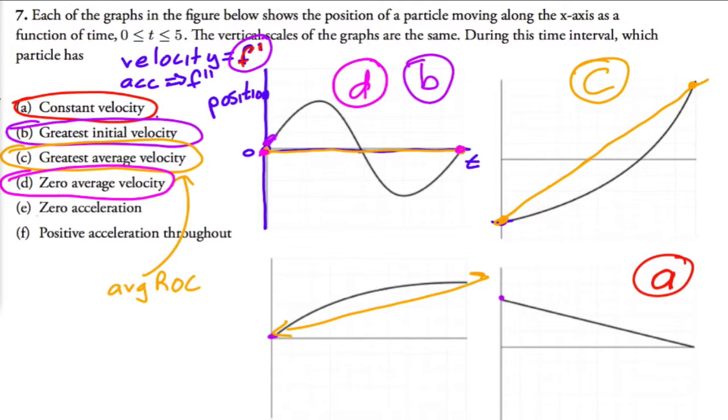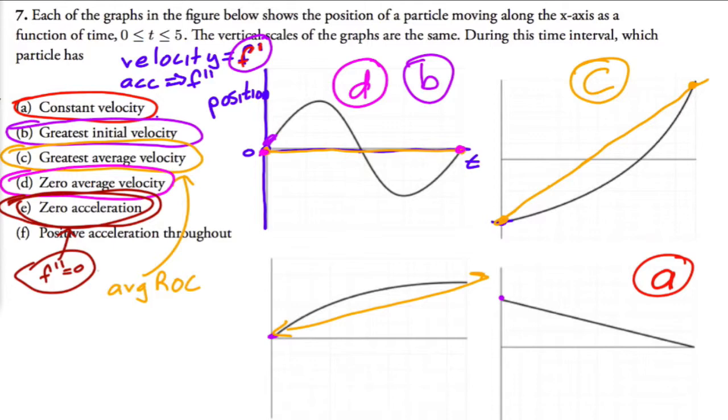Now we get into a little bit trickier territory. Which one has 0 acceleration? So the acceleration, remember, that's the second derivative. So which one has 0 second derivative? Okay, so you look at all these and maybe you're not sure.